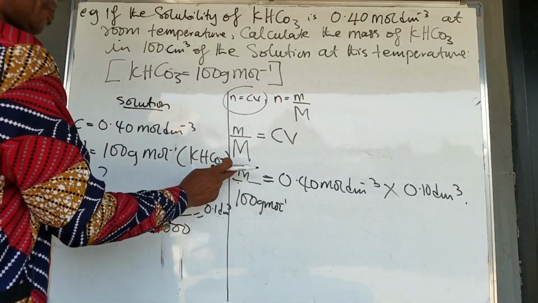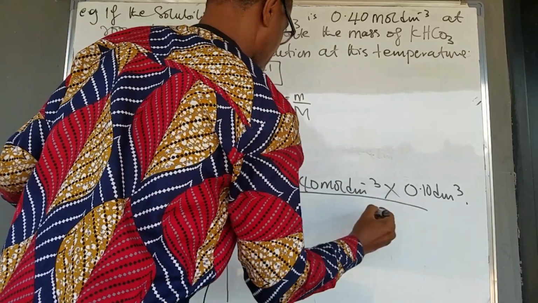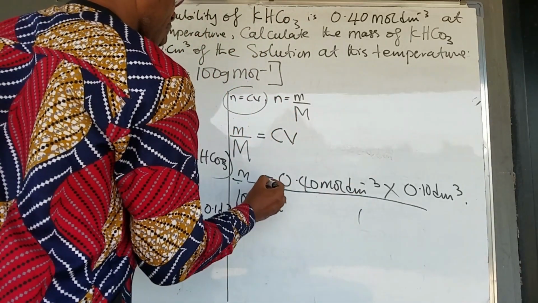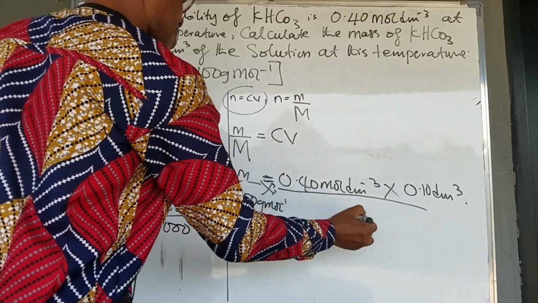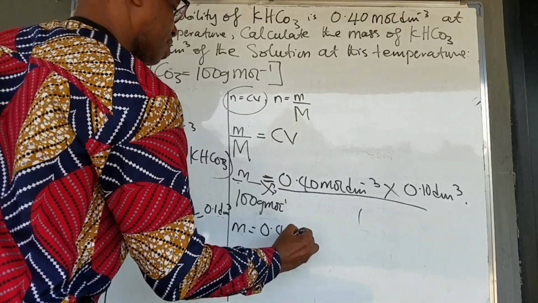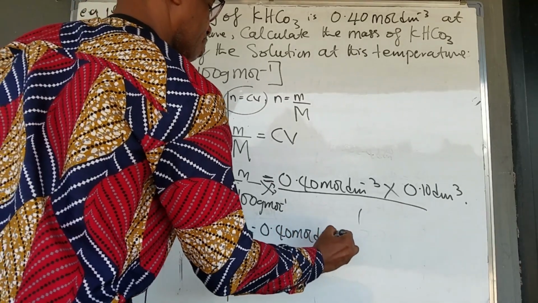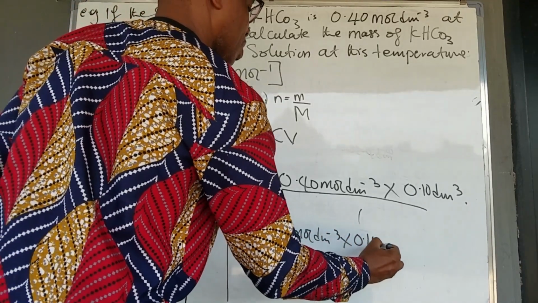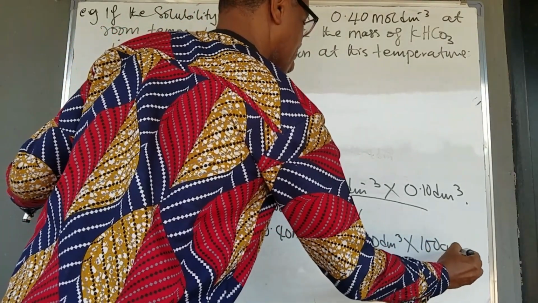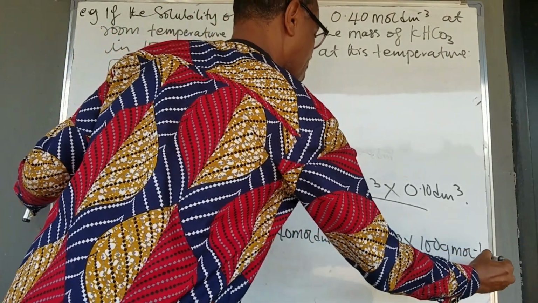But I'm looking for m. So if I cross multiply, m times 1 is m, so my m is simply 0.40 mole per dm³ times 0.10 dm³ times 100 gram per mole.